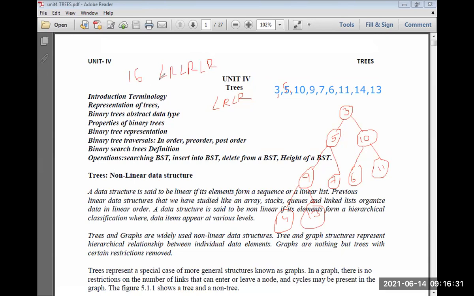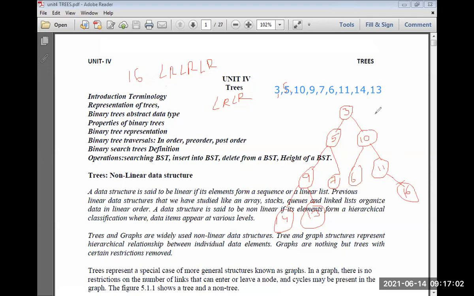First it moves left, then right, then left, then right again, left, right. So here a place is there, so you can insert here. So in this way, you have to insert the elements in a binary tree.